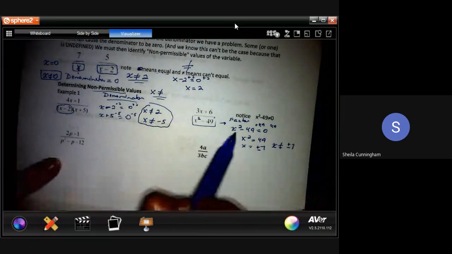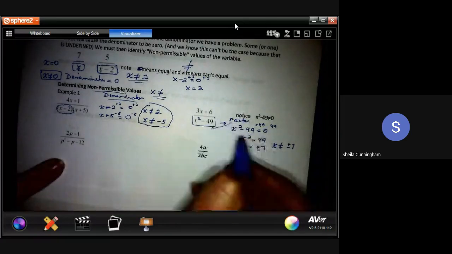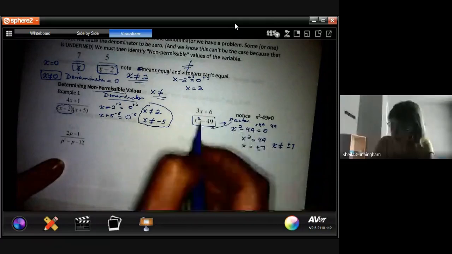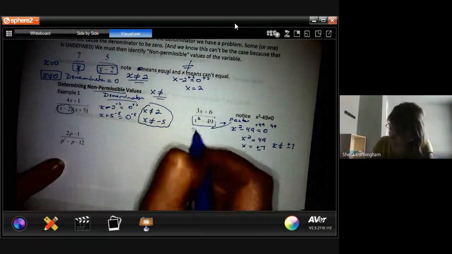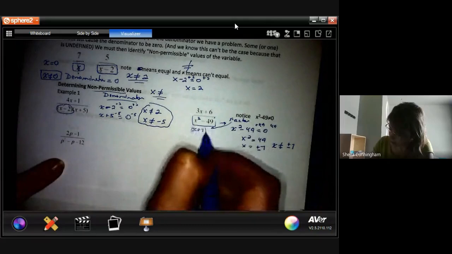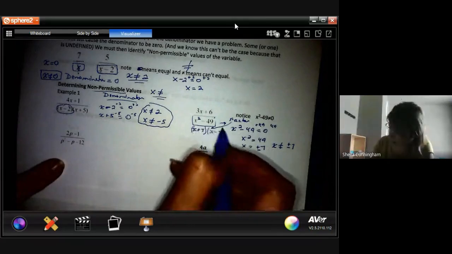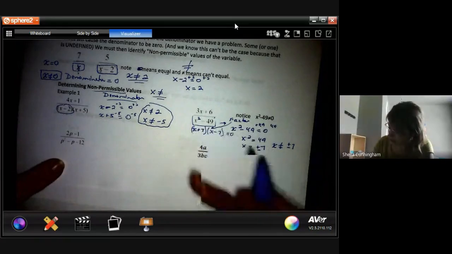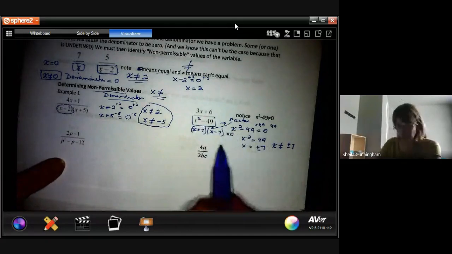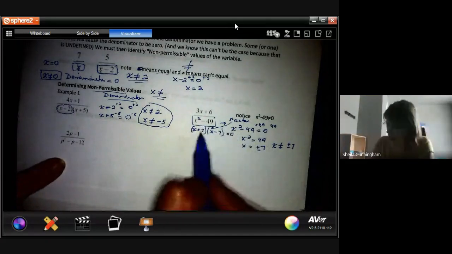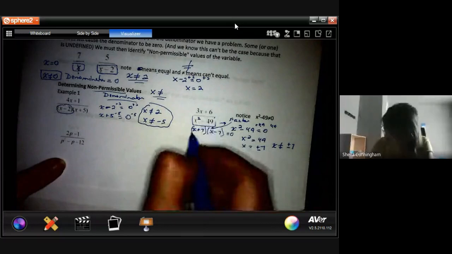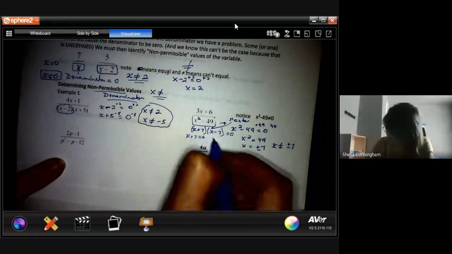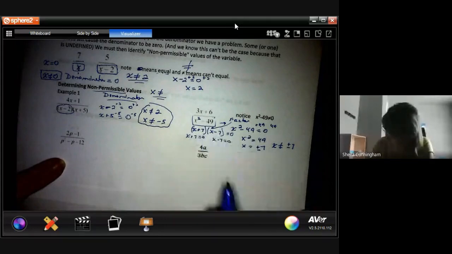Now you can treat this differently. I said factor. Well, if we recognize this is a difference of squares, and I factor it, I would get x plus 7 times x minus 7. Then I set each of these equal to 0. So I'm looking at x plus 7 equals 0, and x minus 7 is equal to 0.